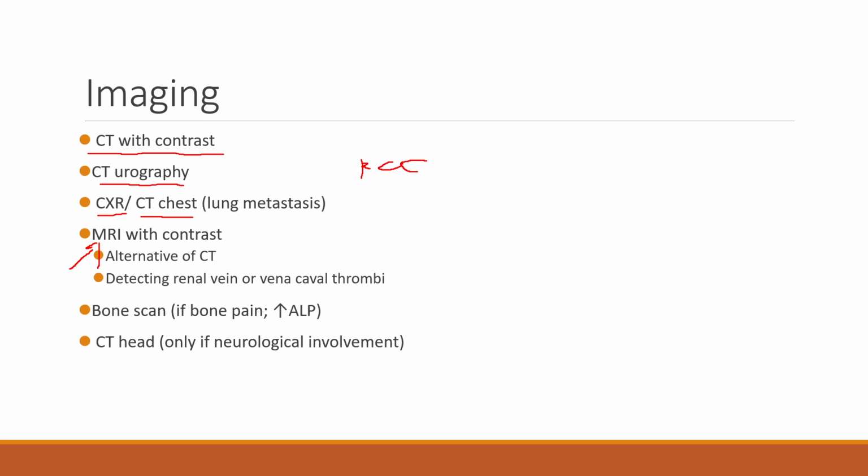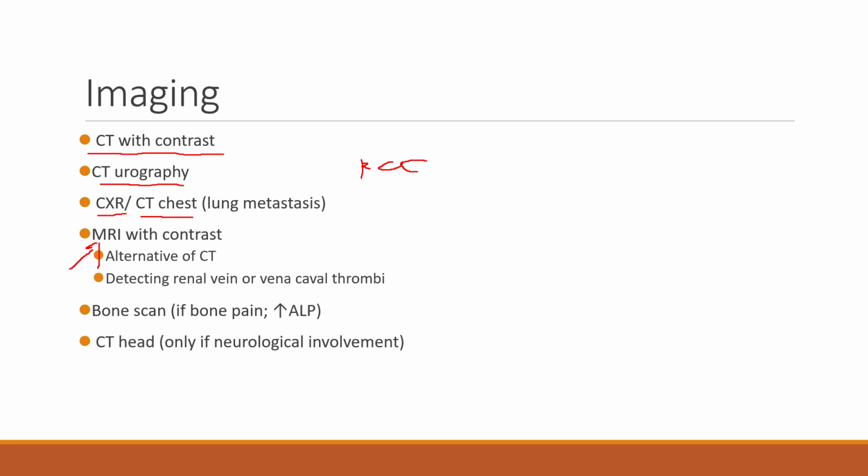I'm sorry, if they spread to the bone, they cause breakdown of the bone tissue, and they cause hypercalcemia. They also have increased ALP, as I mentioned before.